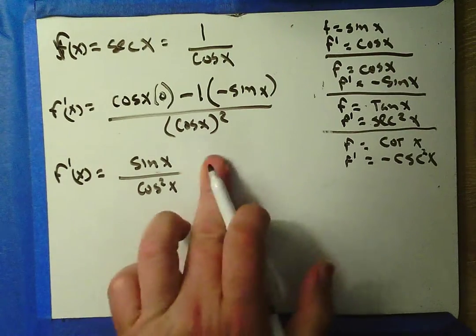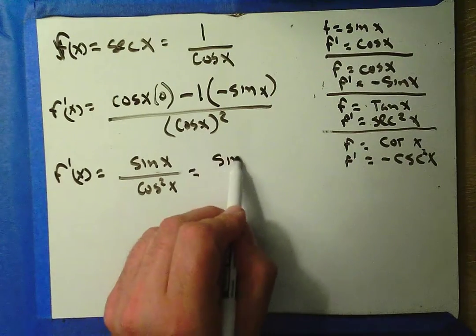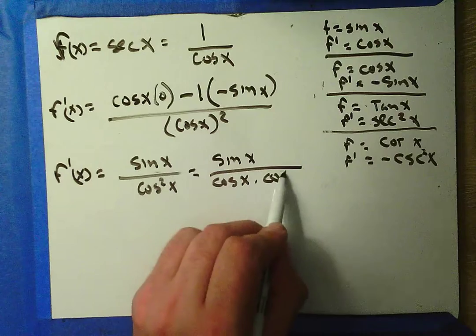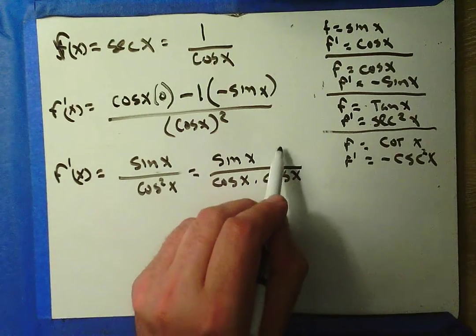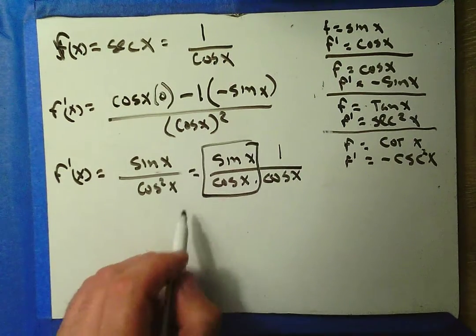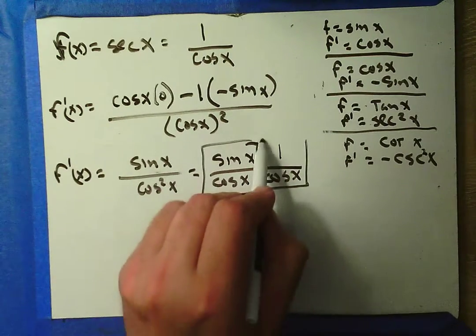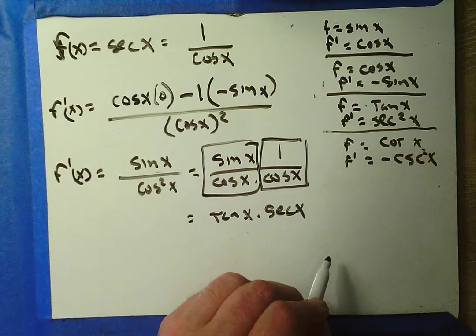Well, I'm going to split this cosine squared up to cosine x times cosine x, and I'm doing this intentionally because I know that sine x over cosine x is tangent x, and 1 over cosine x is secant x.